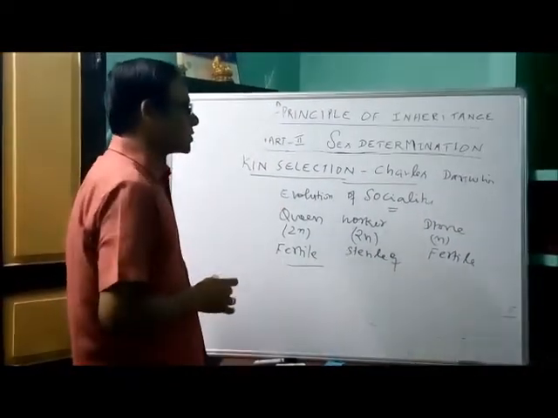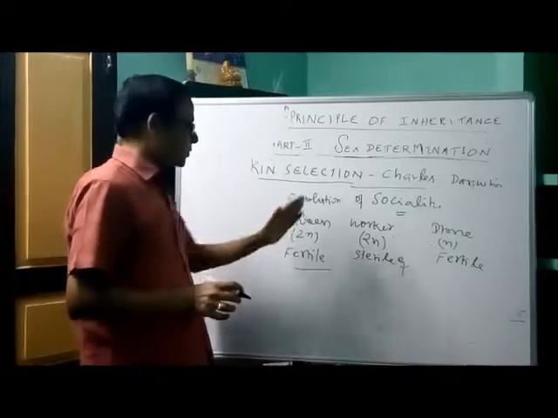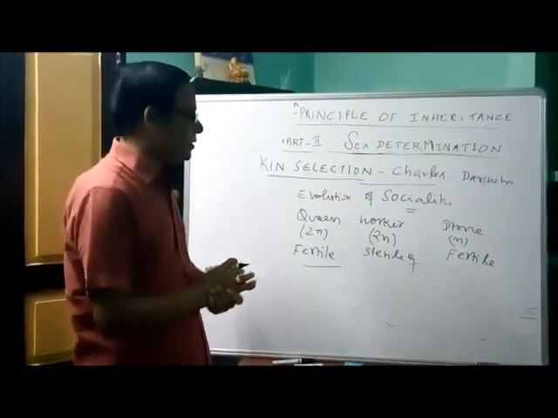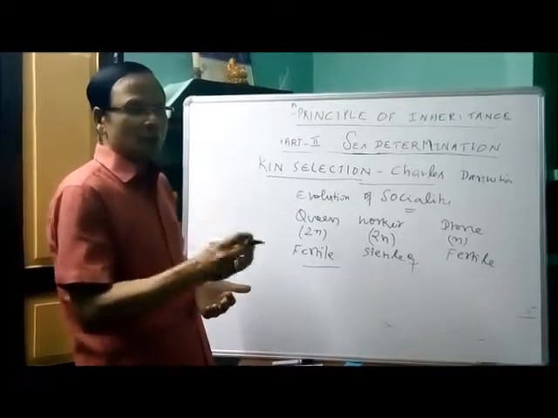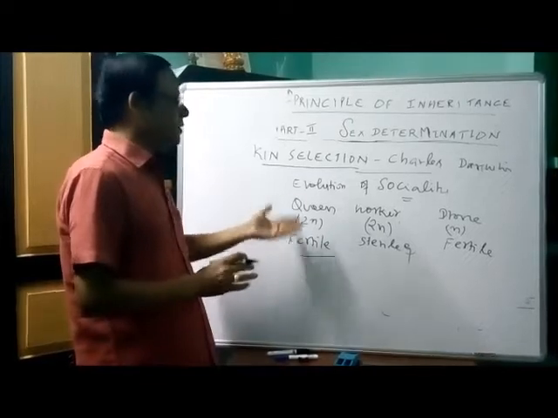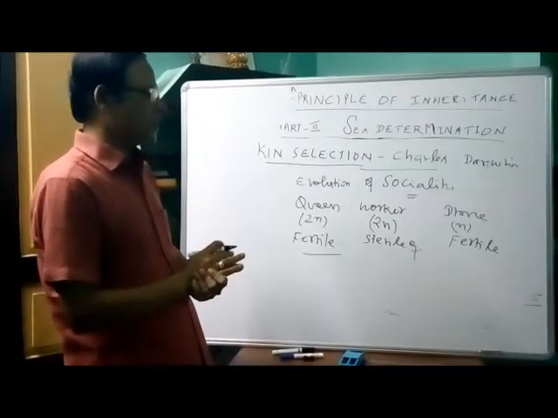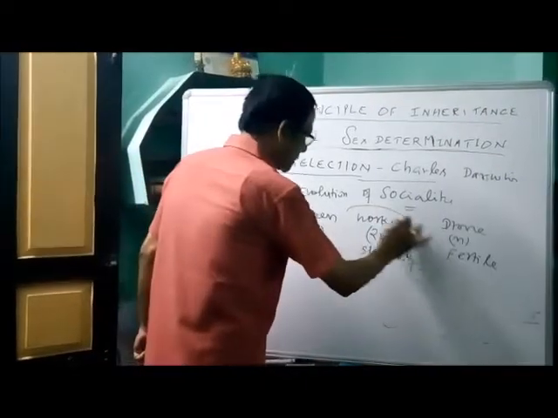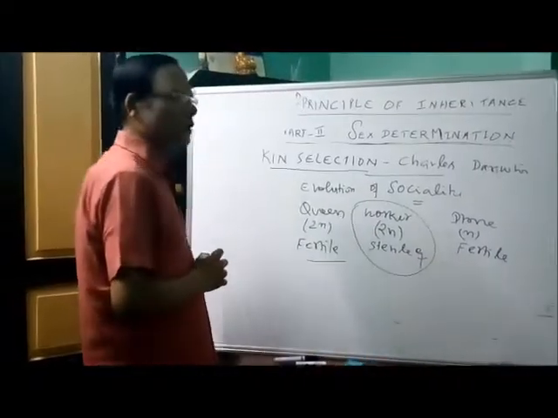Now this is also evolution of sociality, a group of individuals living together in a cooperative manner where there is a division of labor. Each one is performing a particular function. Now the queen bee is responsible for the laying of eggs after fertilization. Now what is the role of worker or sterile females?